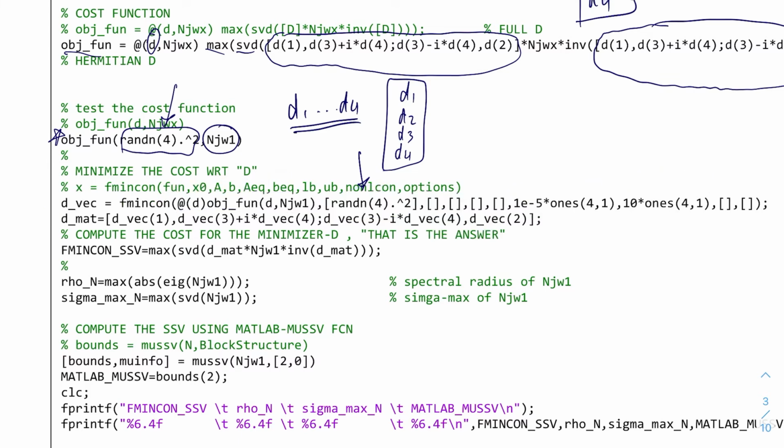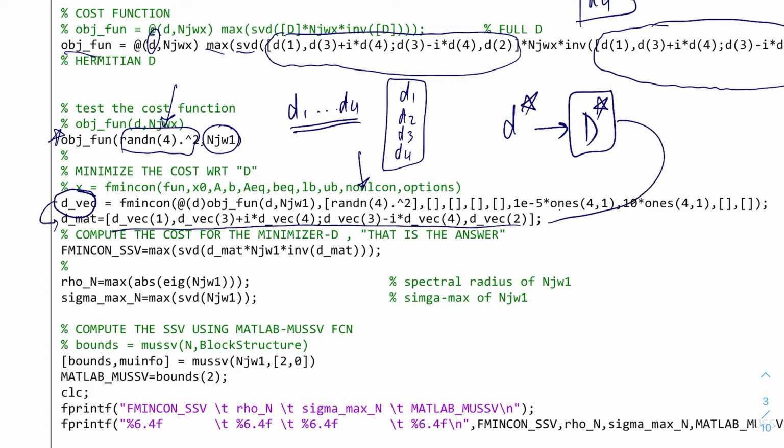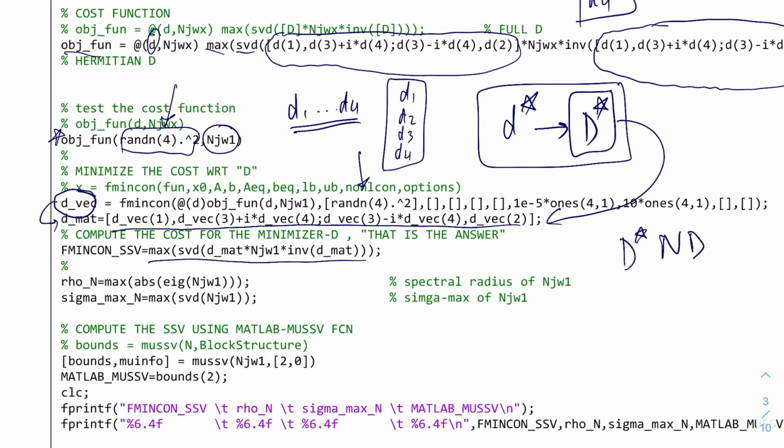After that, it will give us D vec, like D star, and then we compute our D matrix. This line does that. And when I say star, I'm not just talking about the minimizer D matrix, or the Hermitian.